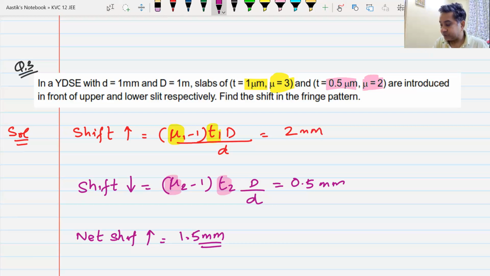This one. And I hope you can see this question.